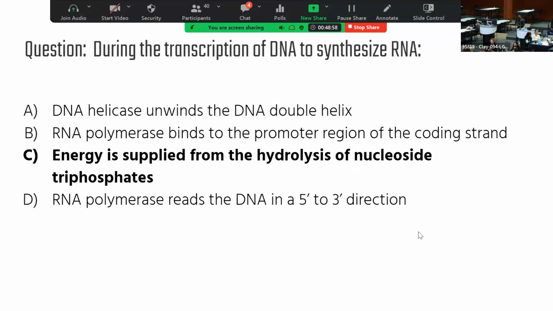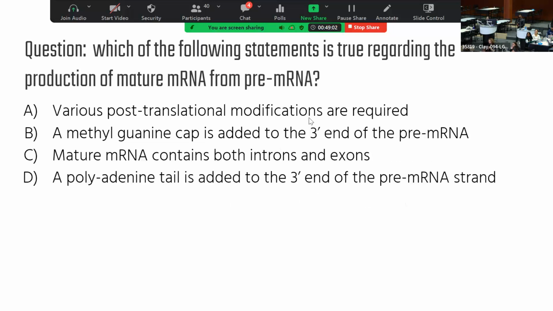Okay, next one. During the transcription of DNA, we have that already, so C. Which of the following statements is true regarding the production of mature mRNA from pre-mRNA? Someone from that table there want to give an answer? Shout out.